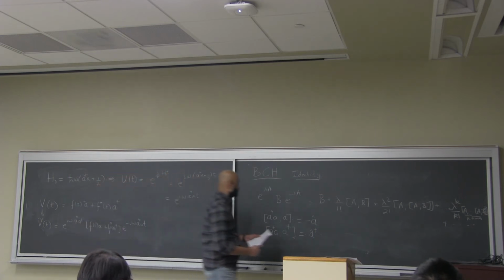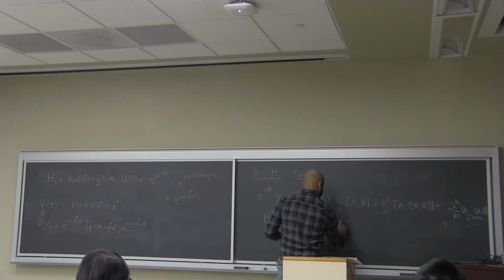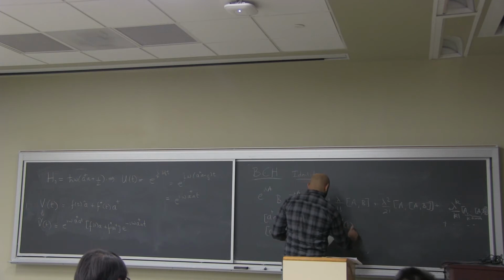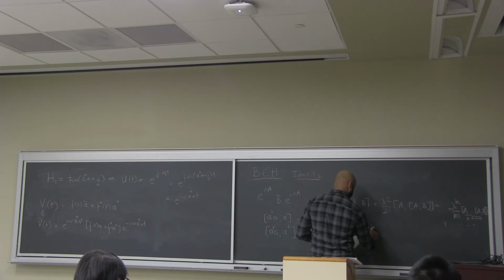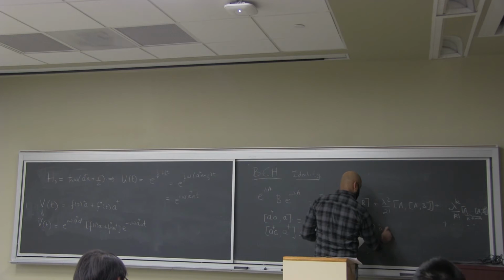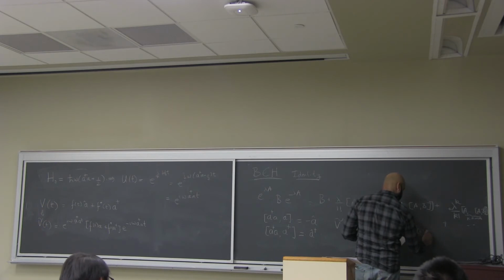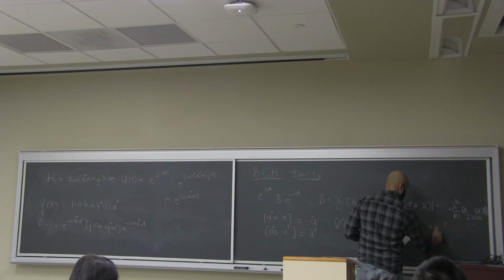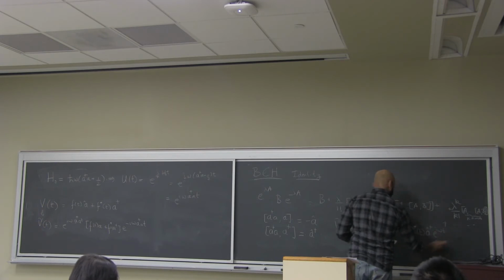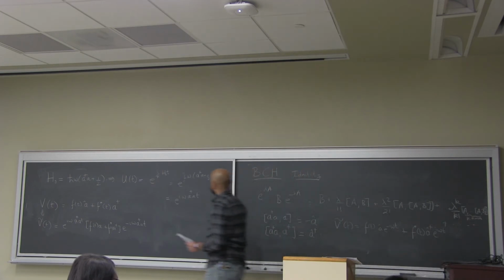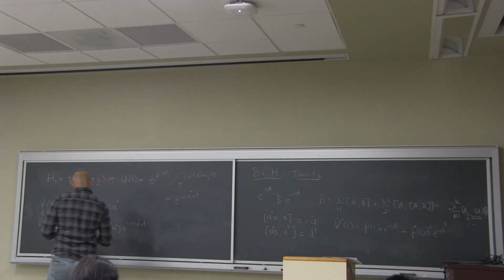We get a simple expression which is B tilde of t is equal to f of t a e to the minus i omega t plus f star of t a dagger e to the i omega t. Which is nice.